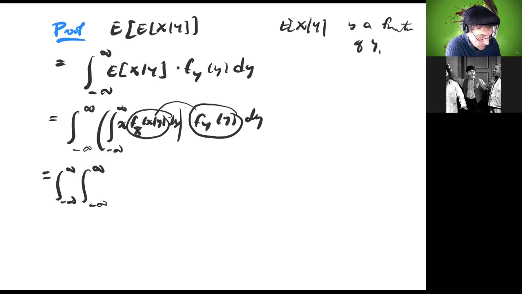By the way, I'm not using correct notation here. Let me erase this and make the correct notation. This should be f_X. Okay, so did I do this right?